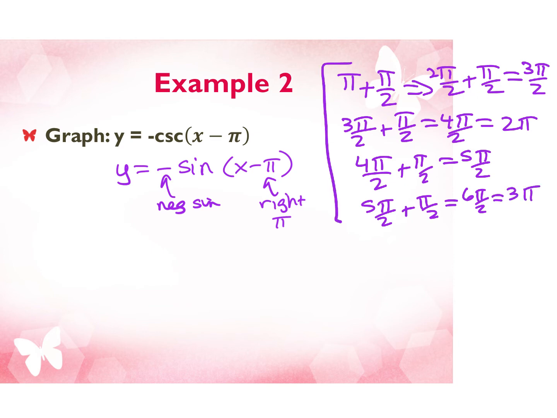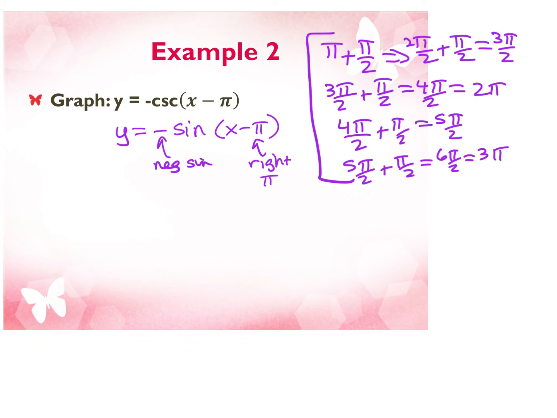These are my 4 points that are going to be to the right of my starting point. Now I have to find 4 to the left. So again, I'm starting at pi. So again, as the common denominator, I'm going to change pi into 2 pi over 2. And I'm subtracting this time to get my left side.